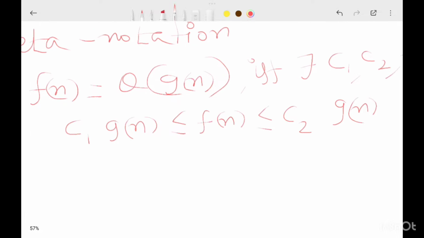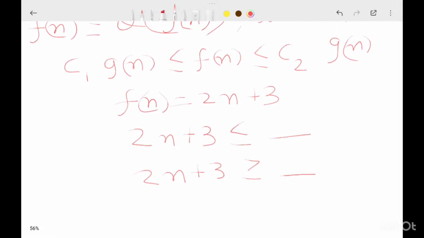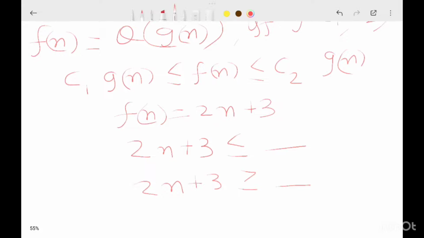Now if I use the same function f of n equal to 2n plus 3, we need to find a function c1 dot g of n where 2n plus 3 should be greater, and another constant c2 with the same function g of n, where 2n plus 3 should be less than c2 into g of n.